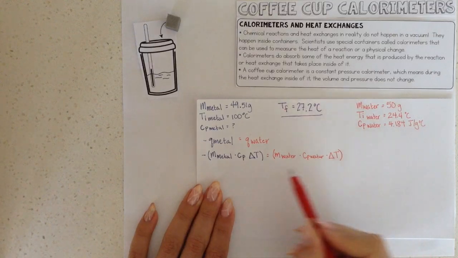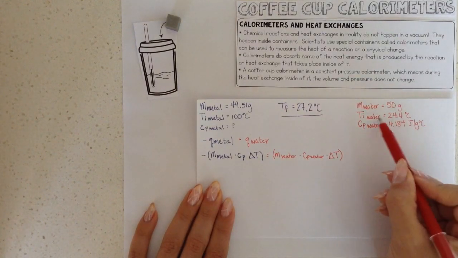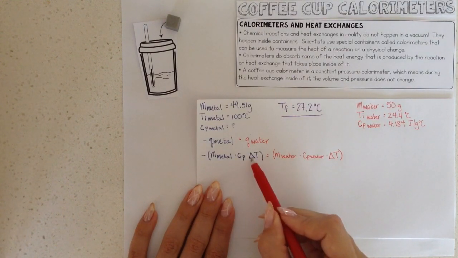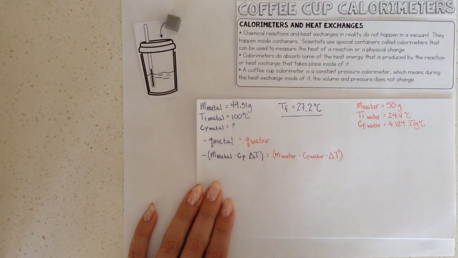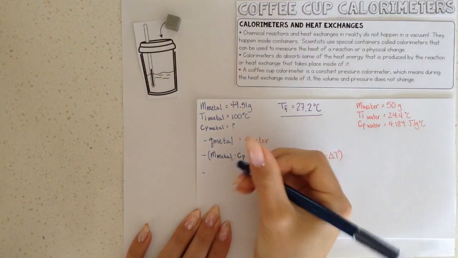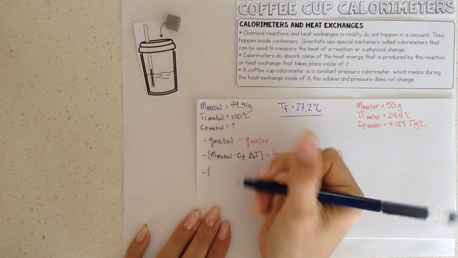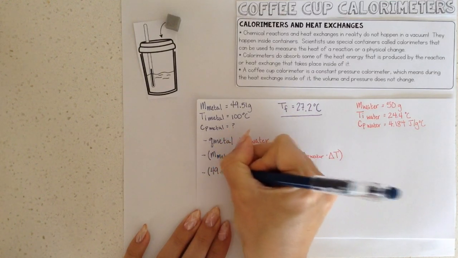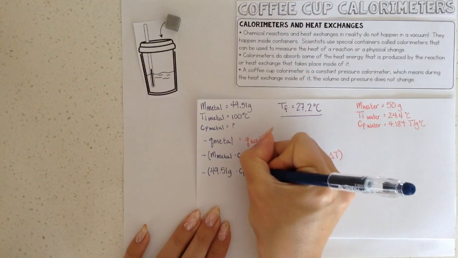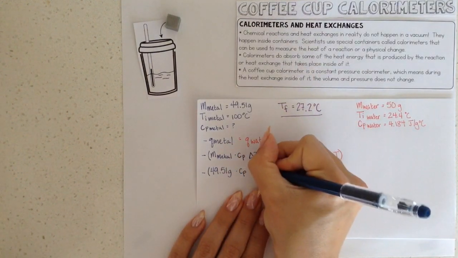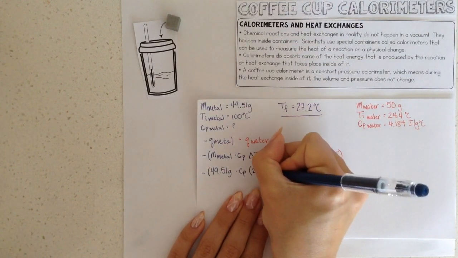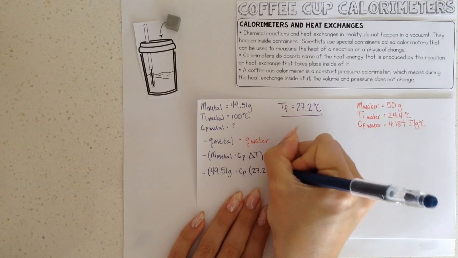So our changes in temperature are going to be different. We're using T initial for our water here, same temperature final. The metal started off at a much higher temperature. Now we can fill in some numbers that we know. The mass of our metal, heat capacity is something we still don't know. Final minus initial temperature. So final is our 27.2 degrees Celsius.